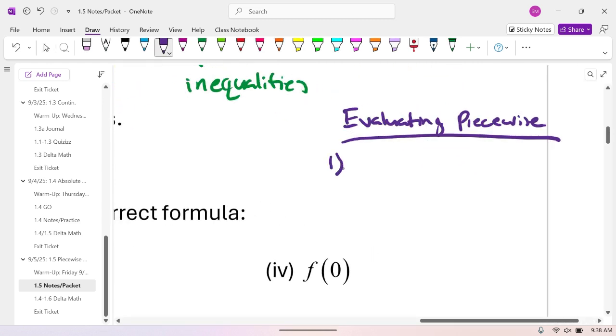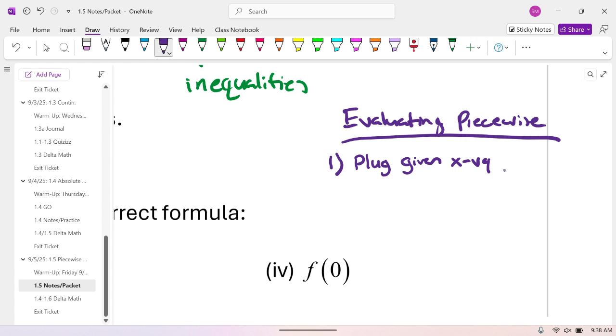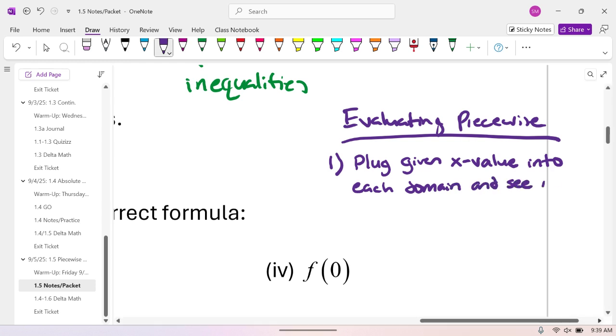So the first step is to plug the given x value into each domain and see which statement is true.